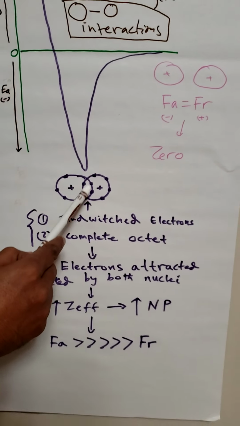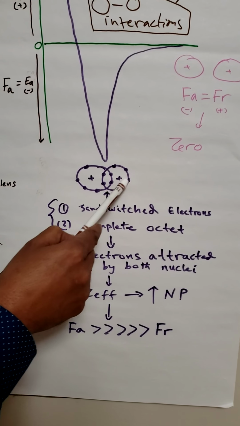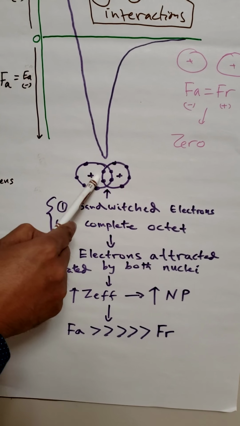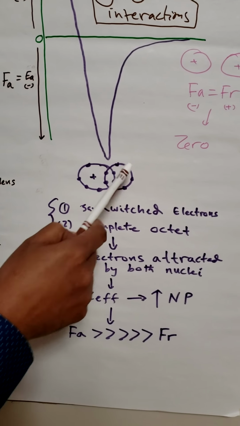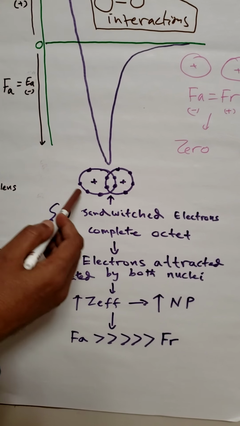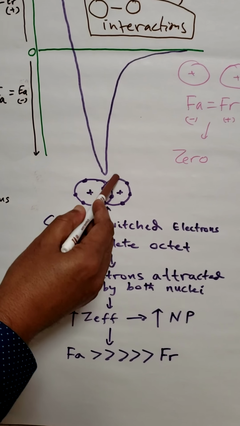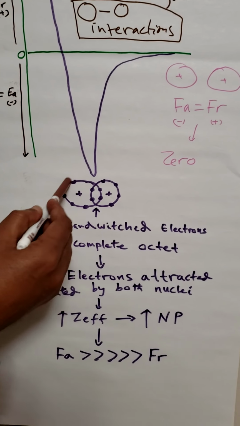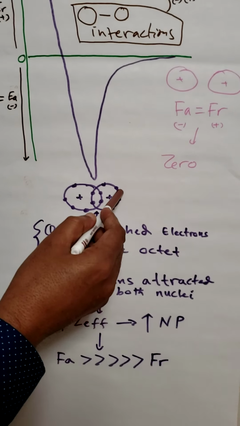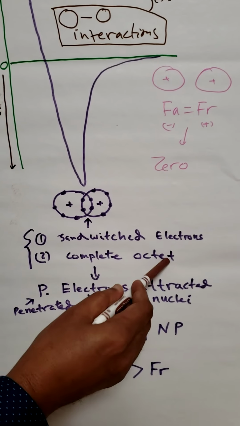You have orbital overlap and you have sandwiched electrons between both nuclei, and these sandwiched electrons are attracted by this nucleus and this nucleus, right? In the outer shell of oxygen you have 6 electrons, but when they overlap they share 2 electrons, and this way they complete their octet.